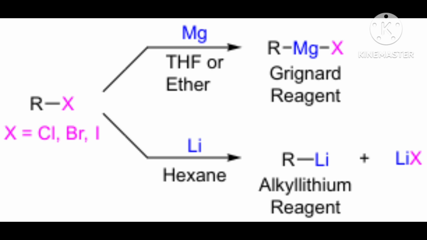Even water, alcohols, and amines are sufficiently acidic to convert them to the corresponding hydrocarbons. Acidic means it can give the hydrogen, that is called proton. Hydrogen will be released as H plus, meaning proton.